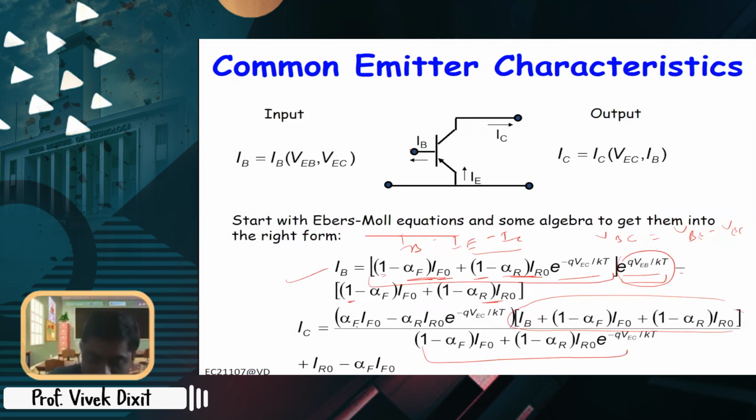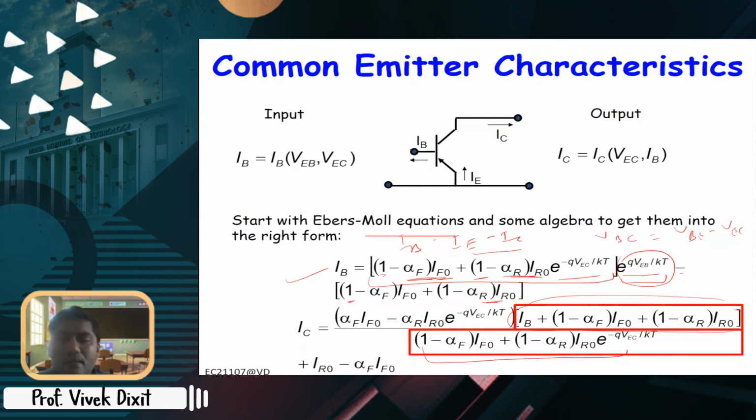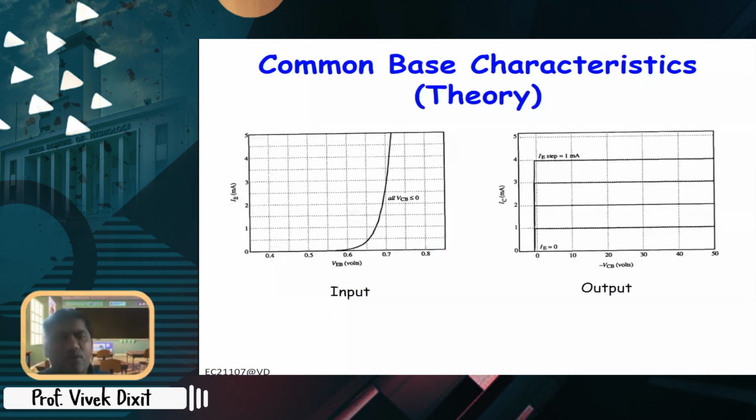And then you have this alpha F IF naught exponential QV by KT, and minus alpha R IR naught, QVEC minus VEB becomes VBC by KT, and those minus 1 terms here. So you can write a complicated expression like this. And then based on this, you can plot it also.